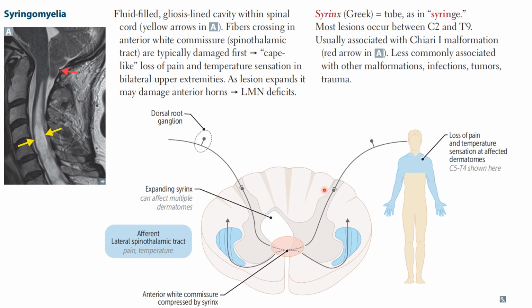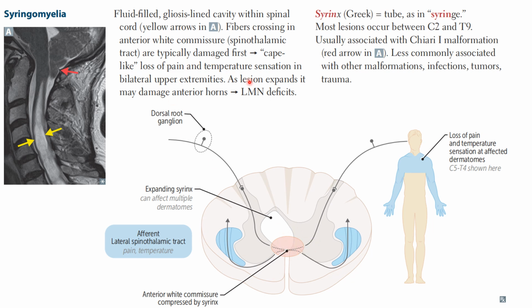Now they're saying the fibers crossing here in the anterior white commissure, which is also passing through the spinothalamic tract. And this part, the anterior white commissure, is the first thing to get damaged if any such thing happens. It shows like a cape-like thing.